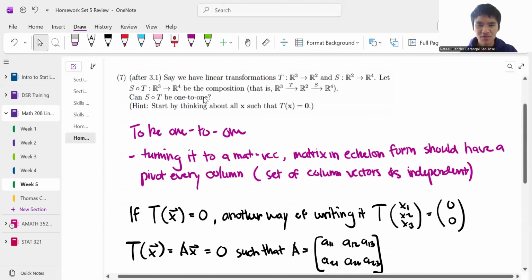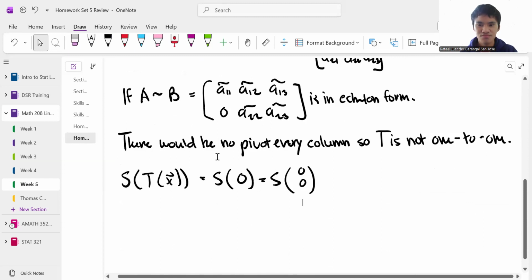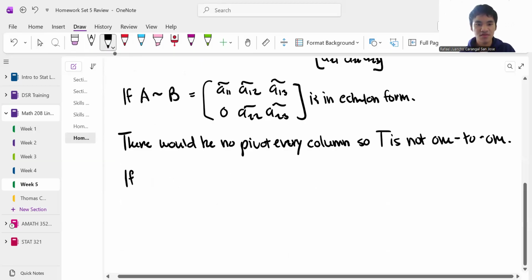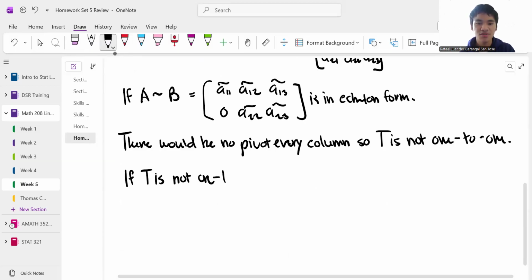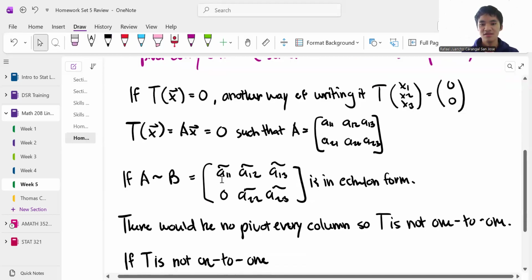Can this be possible? Oh, no, no, no. Actually, that's not the way to do it. I think it wants us to say something about a homogeneous linear system. Because here we can see there is going to be a free variable if we equate this to 0, right?